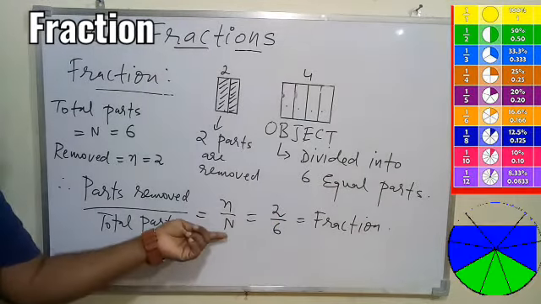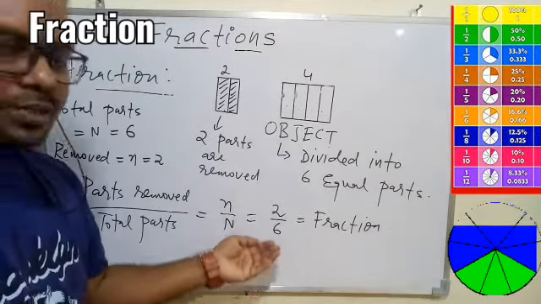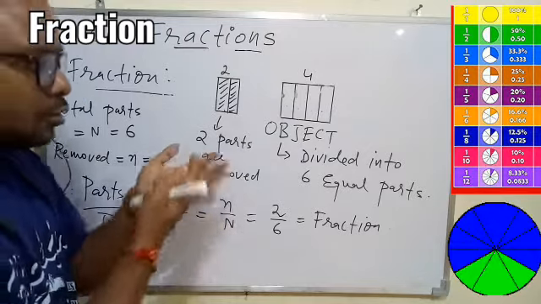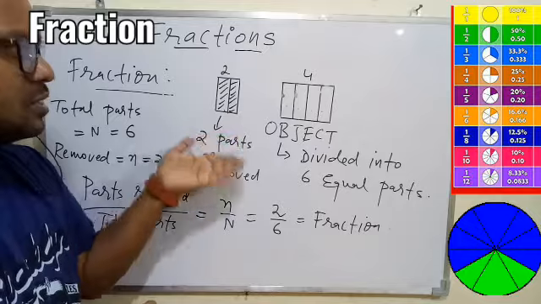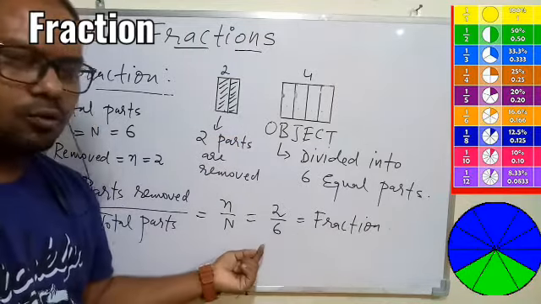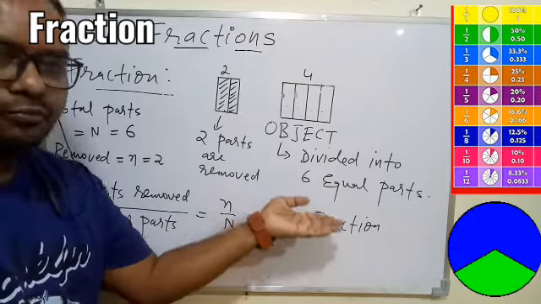So we started with how many parts? 6. And how many are removed? 2. So we can say 2 out of 6 are removed, or we can say 2 out of 6 is showing you a number, and that number is nothing but the parts which are removed from the total parts. And this number that we are getting now, that is 2 upon 6, 2 divided by 6, is nothing but a fraction.